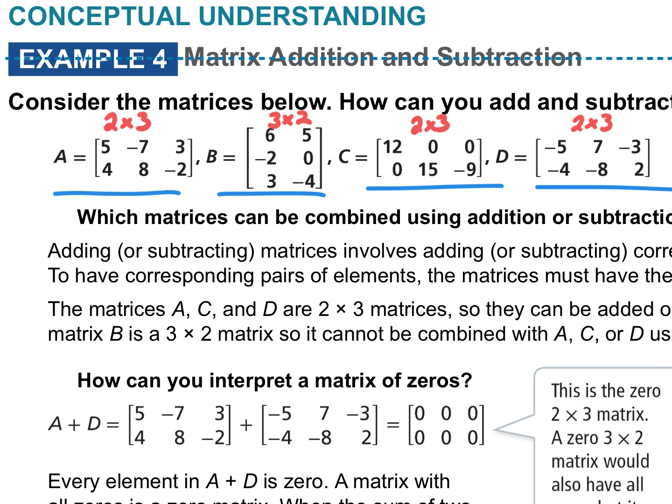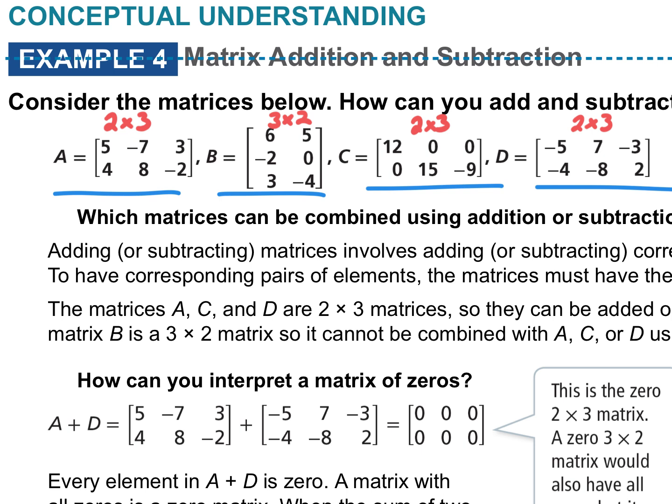I'm going to ask you this. Could I add A and C together? Yes. Why? Because they're the same, right? Everything has its own partner. Can I add A and B together? No. Why not? They're not the same dimension. If I try to add 3 to something, is there anything I can add it to?